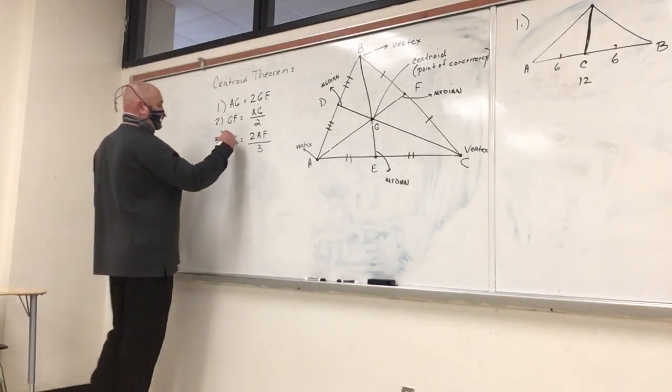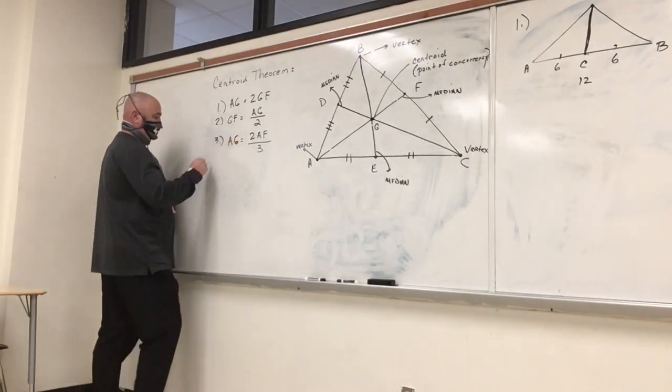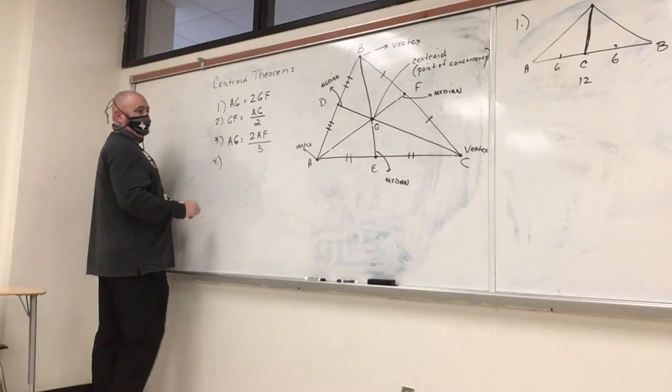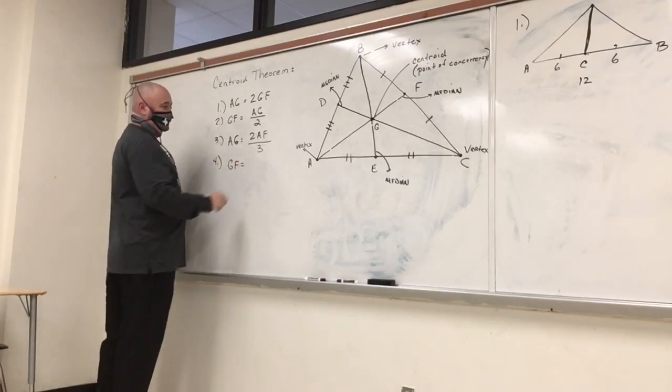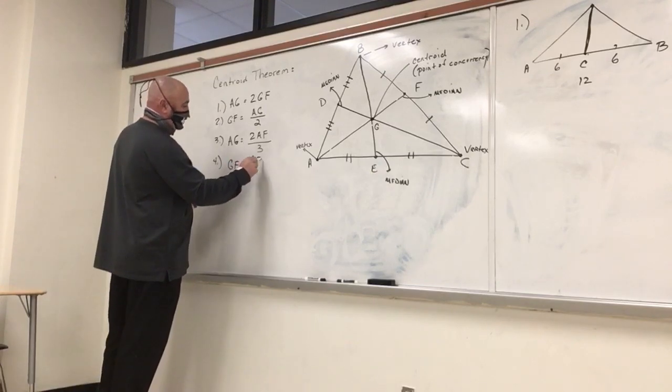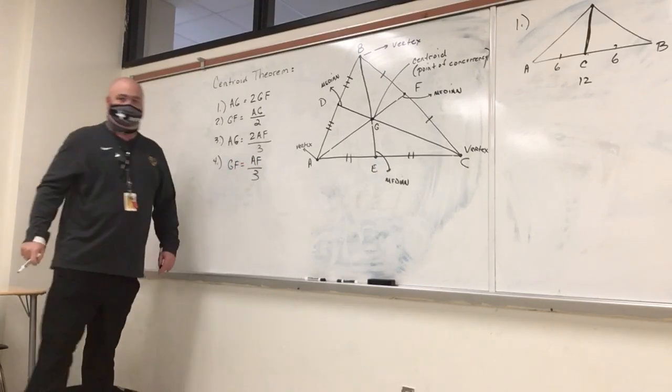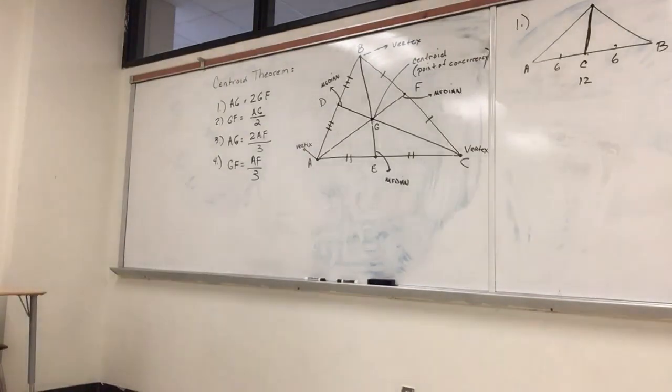That's G, by the way. And number 4, GF is also equal to AF divided by 3. That's what the Centroid Theorem states.